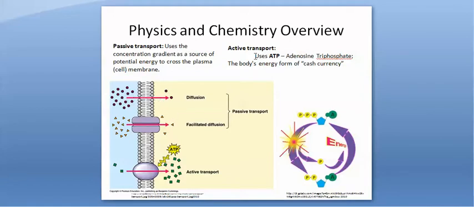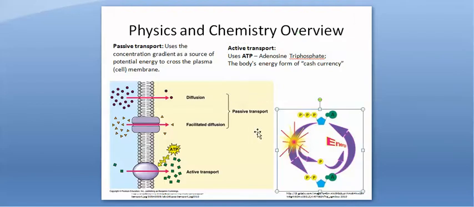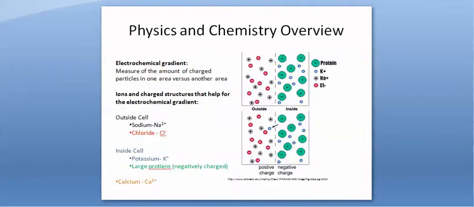Whereas active transport uses that adenosine triphosphate to basically reset that electrochemical gradient, which is this. And I actually think I skipped over what that electrochemical gradient is: that unequal distribution of charged particles on each side of the membrane, whether inside or outside.